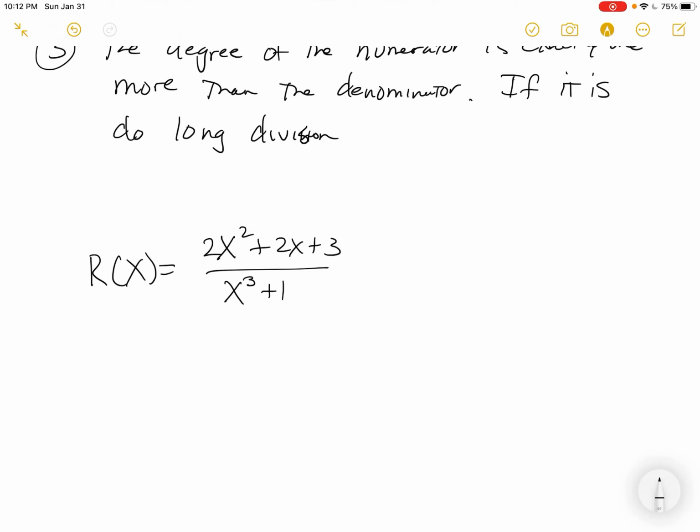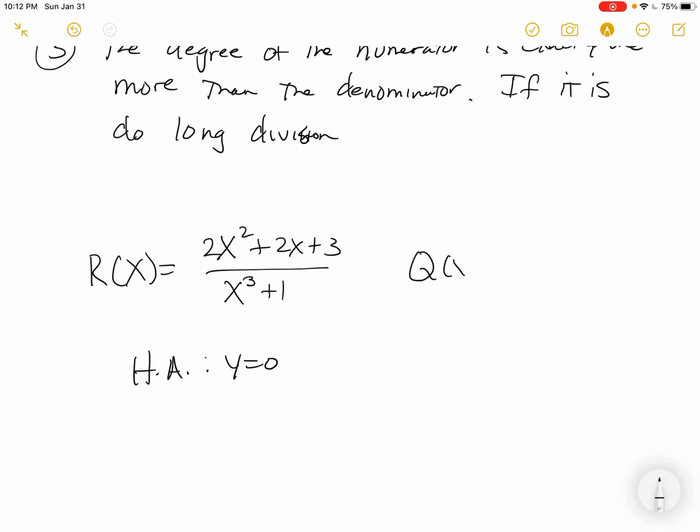So you can tell between a horizontal and oblique by doing a degree comparison. Because the denominator has a bigger degree, because the degree of the numerator is less than the denominator, this has a horizontal asymptote of y equals 0. So if the bottom's going to win degree-wise, you're going to 0. If the bottom is bigger than the top, you're going to 0, regardless of how much bigger it is. You are absolutely going to 0.